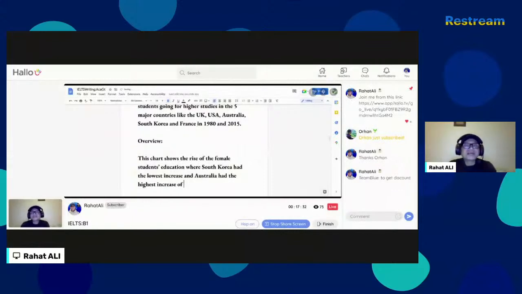So this chart shows the rise of the female students' education, where South Korea had the lowest increase and Australia had the highest increase in both 1980 and 2015.